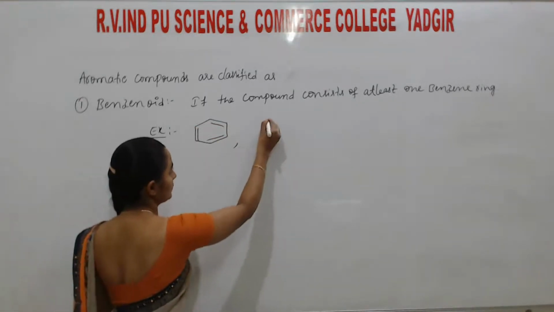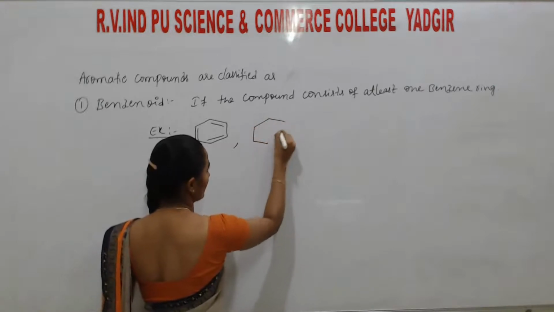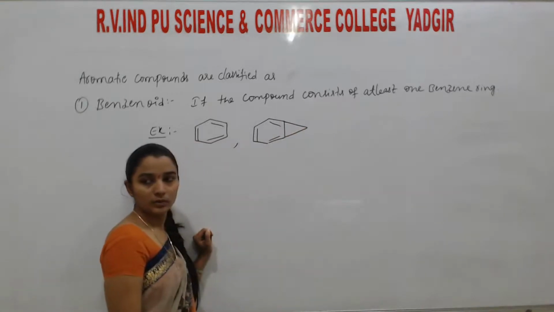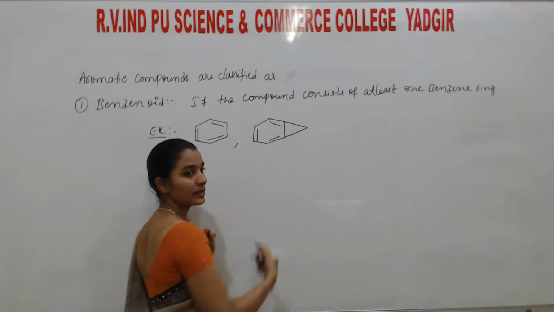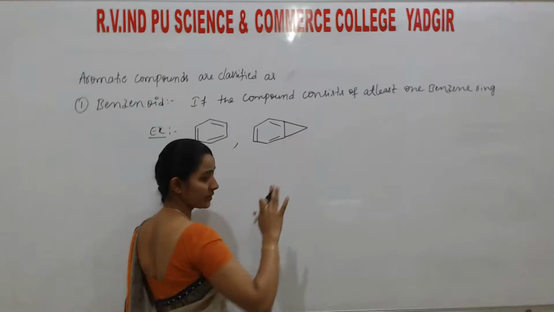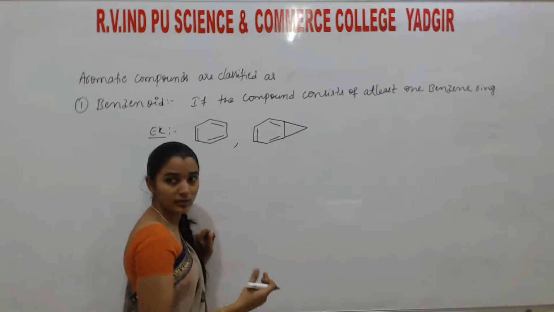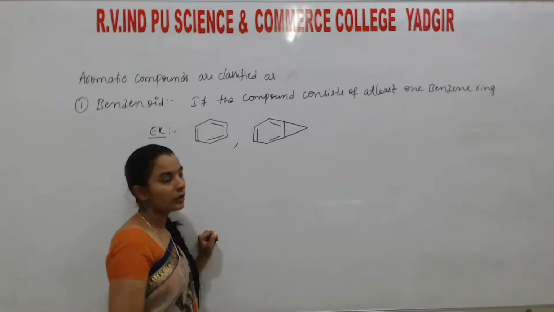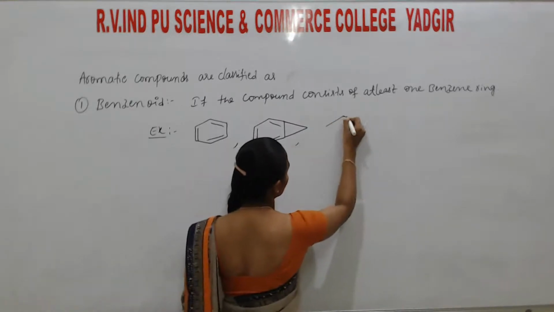Okay, next. This one is also a benzenoid compound. At least one is the benzene ring. This cannot exist, I am telling. If it exists also, of course this is a benzenoid compound. Okay, next.